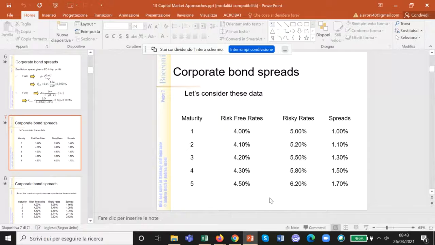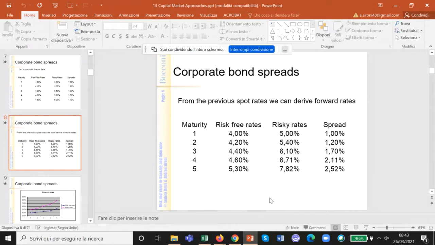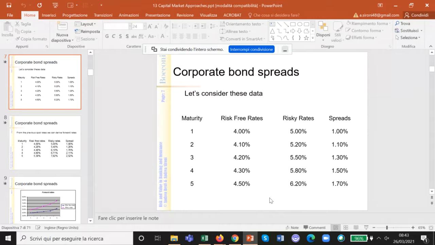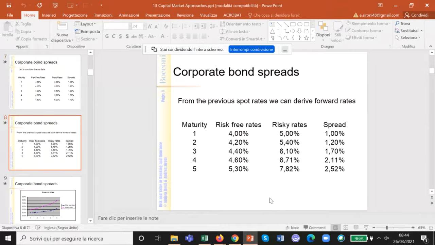Okay. Now, based on these spot rates, i.e., interest rates at time zero, we can actually compute the forward rates. Okay. I.e. the rates implied in the spot rates for future periods, okay?